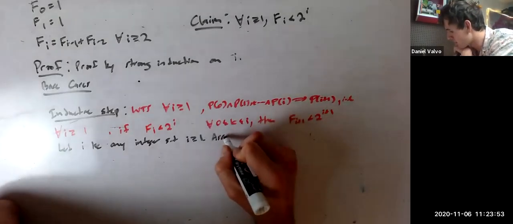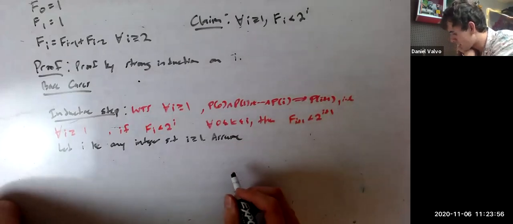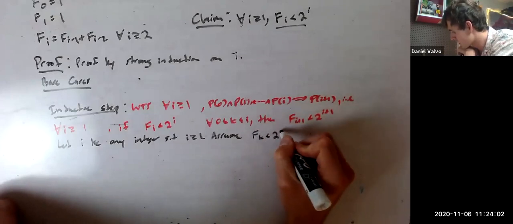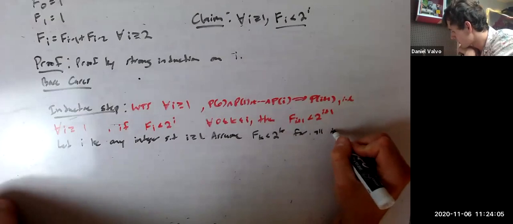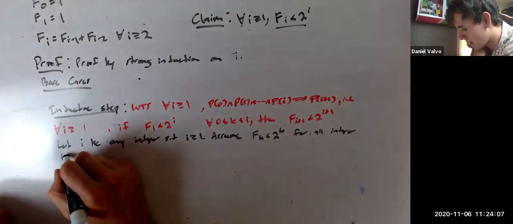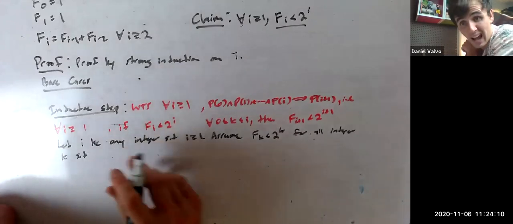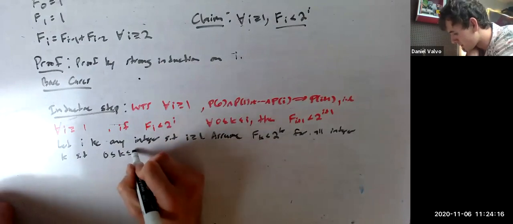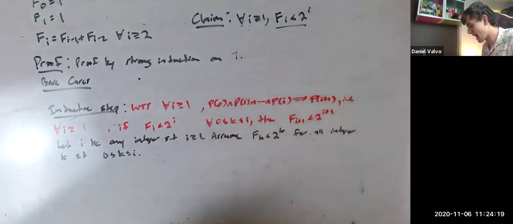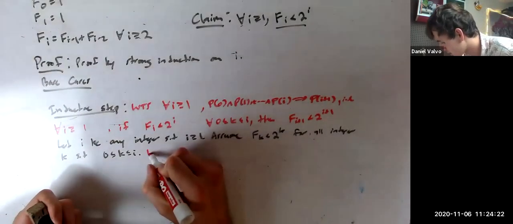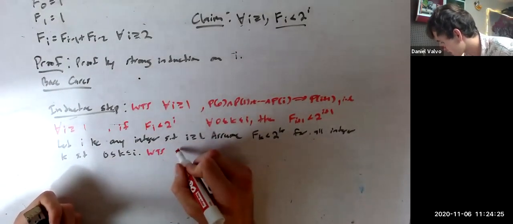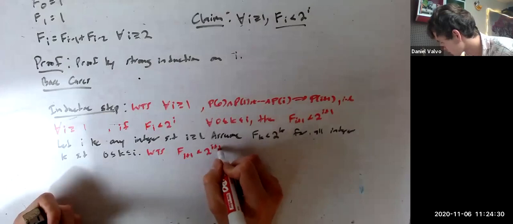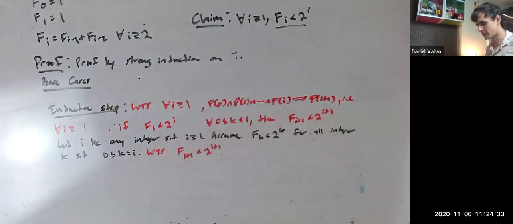So let's assume that the claim holds, that F(k) is less than 2 to the k for all integers k such that 0 is less than or equal to k less than or equal to i. Once we have that, we're trying to show that F(i+1) is less than 2 to the i+1 under this assumption.